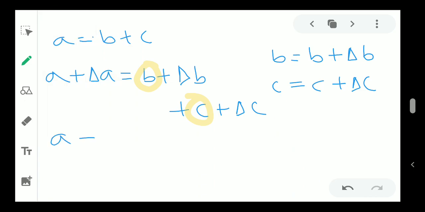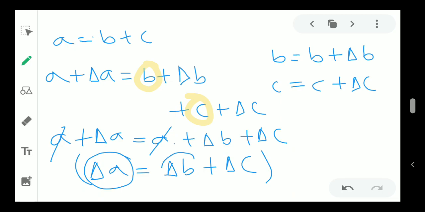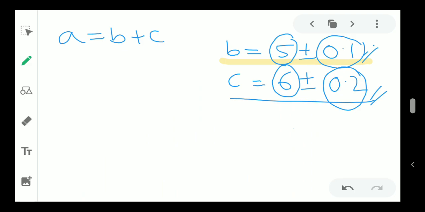So A plus delta A is equal to B plus delta B plus C plus delta C. So you can see A is gone, and I got finally delta A equal to delta B plus delta C. So you can see that in case of addition, my resultant uncertainties are the addition of my individual uncertainties.